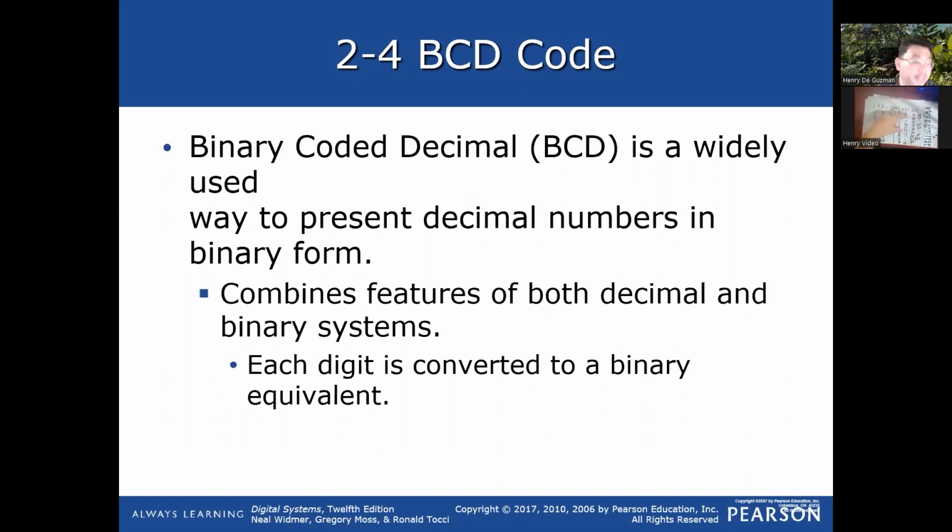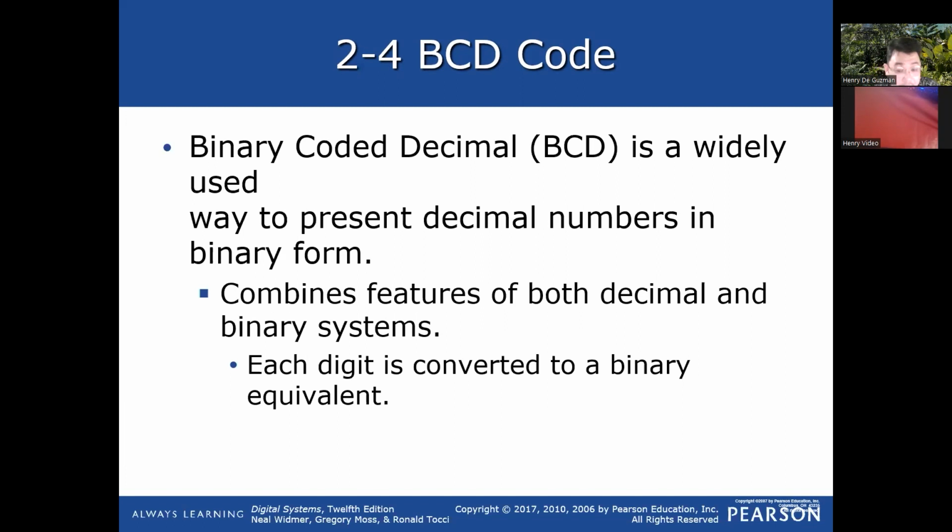I can answer it later. Okay. So our next subtopic is the binary coded decimal, or BCD. The BCD is widely used. This is a way to present a decimal number in binary form. It combines features of both the decimal and binary systems.